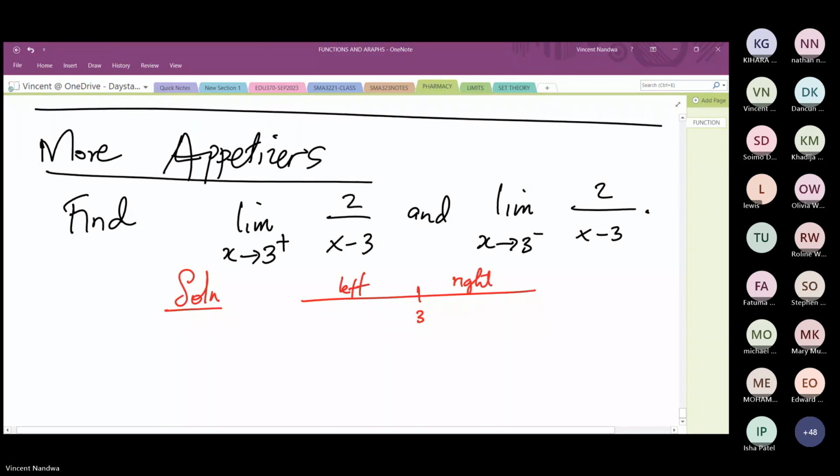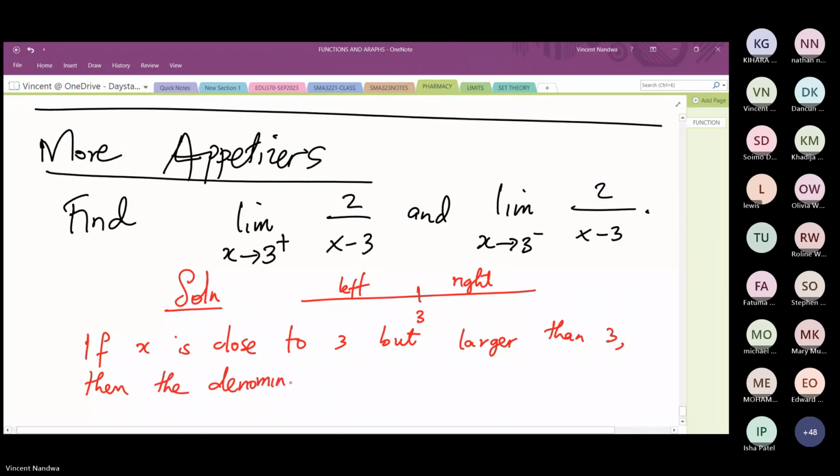So in the first case, x is close to 3 but larger than 3, then the denominator x minus 3, is it a positive or a negative number?